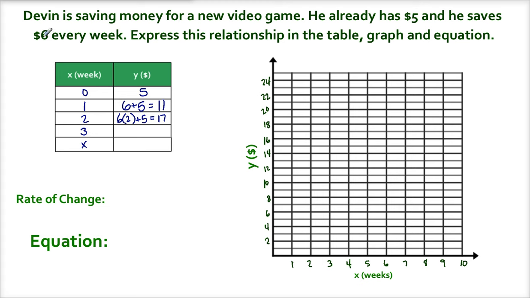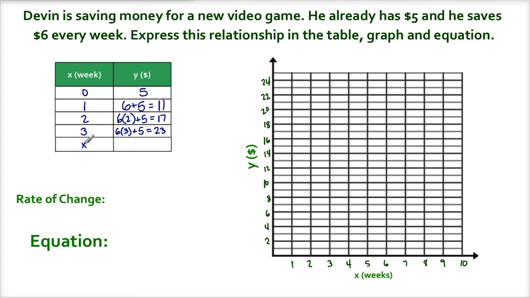Well, he saved $6 every week, so 6 times 3, but he already started with 5, so plus the $5 he started with. 6 times 3 is 18, plus 5, 23. So after 3 weeks, he has $23 saved.